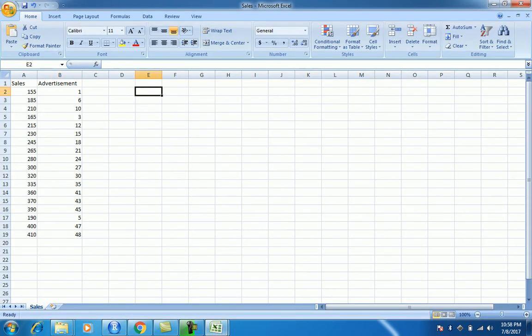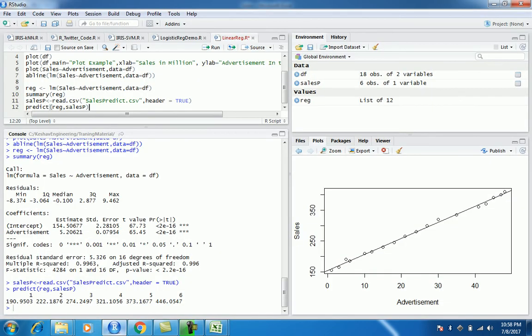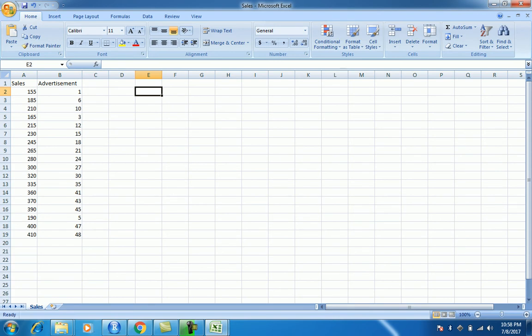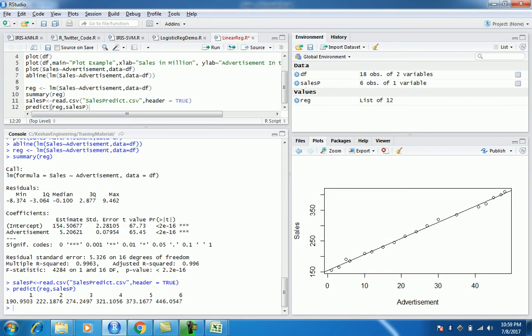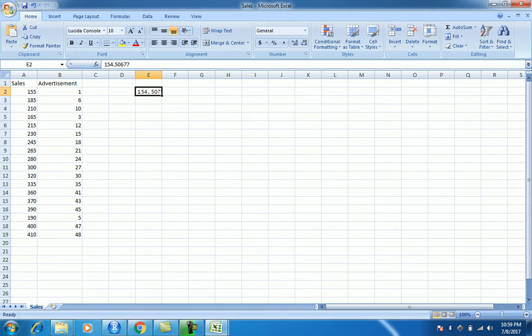Let's try to establish, basically, what we have here is an intercept of this value. So let's put this here, and let's put the advertisement here.